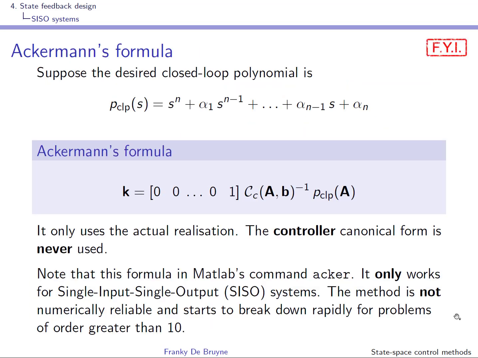Well, there is also a method based on Ackermann's formula that allows you to do pole placement, and well, I will not mention this in this course and I will not go into the details of it, but you should not use the underlying MATLAB command Ackermann, okay, which can also be used to do pole placement, because it only works for SISO systems, and this method is not numerically reliable when the number of states grows.